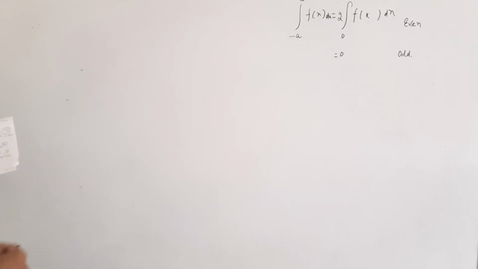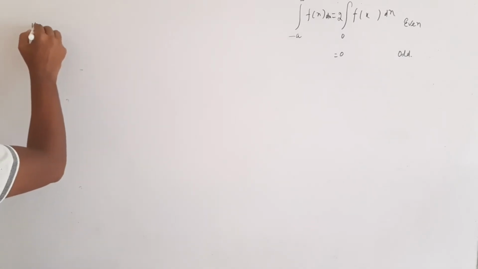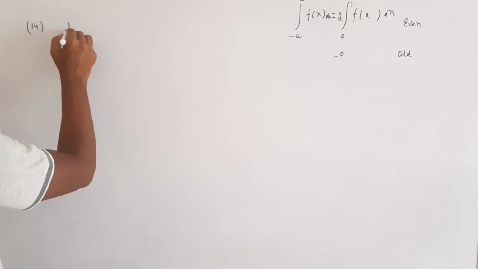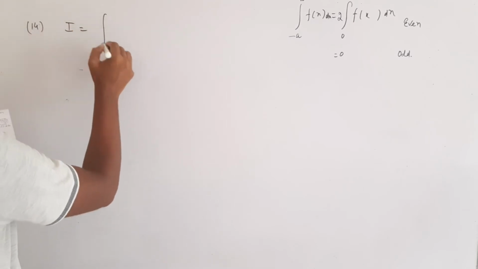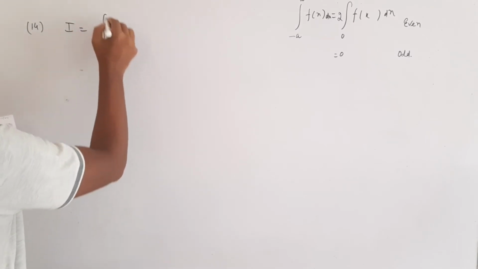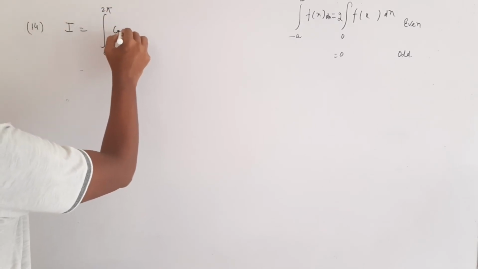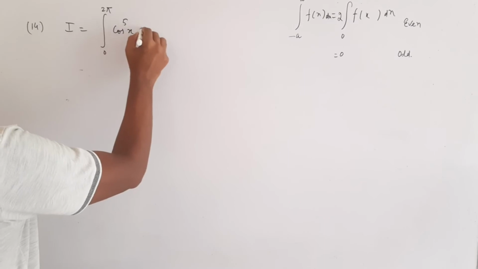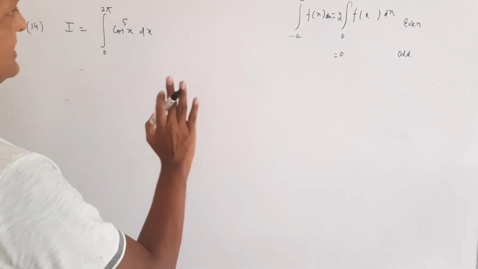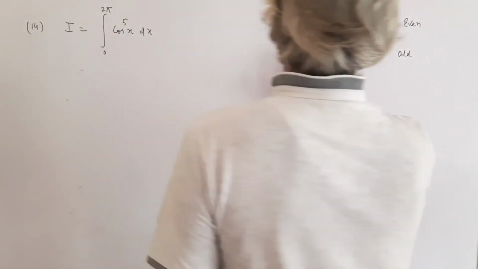Number 14. The 14th question goes, I is the integral from 0 to 2 pi of cos to the power 5x. Now this looks like a different one.